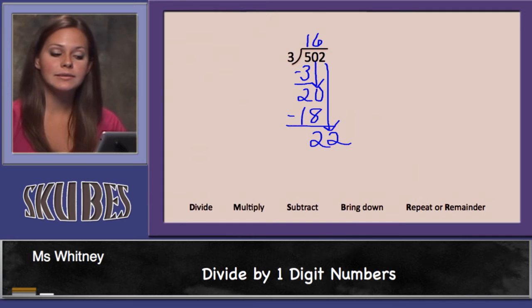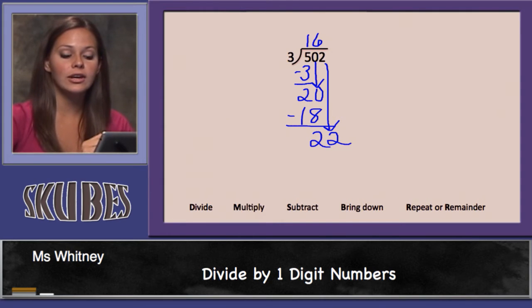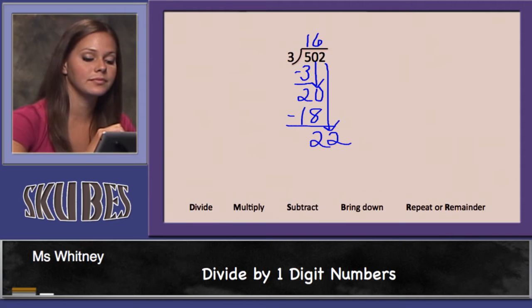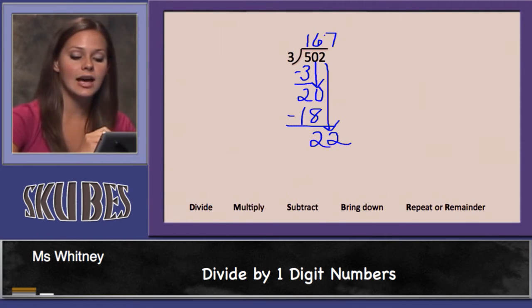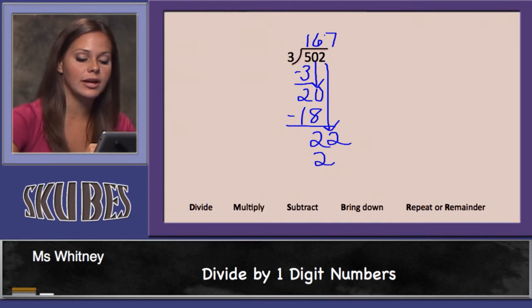Now I need to repeat. I'm going to divide. 3 goes into 22 how many times? 7 times 3 equals 21. Now I subtract.